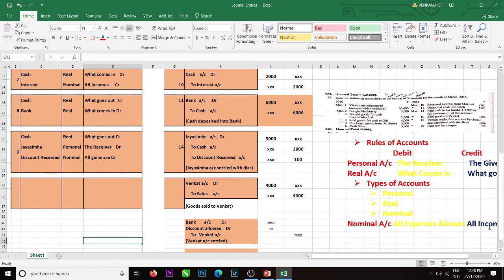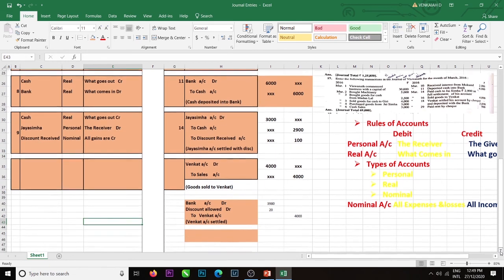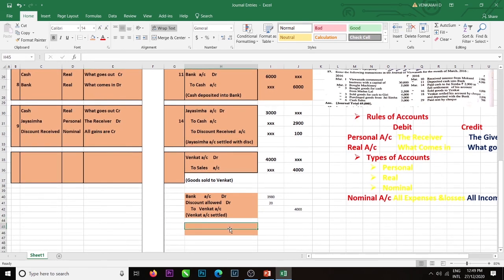Last, simple: rent paid by check. Rent is an expense. All expenses are debited, so rent should be debited. Rent account debit, to check, so that's why bank account.